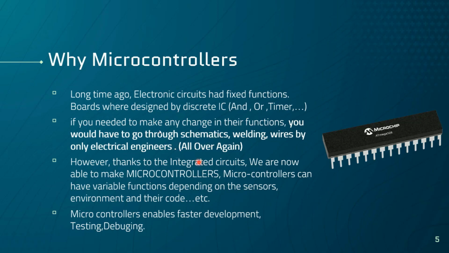But thanks to the integrated ICs, we now have microcontrollers. So microcontrollers use software, code and instructions to carry out functions. Instead of having discrete ICs for each function, you just have to write the specific instruction that you need the microcontroller to execute. So in the end, microcontrollers enable faster development, testing, and debugging.